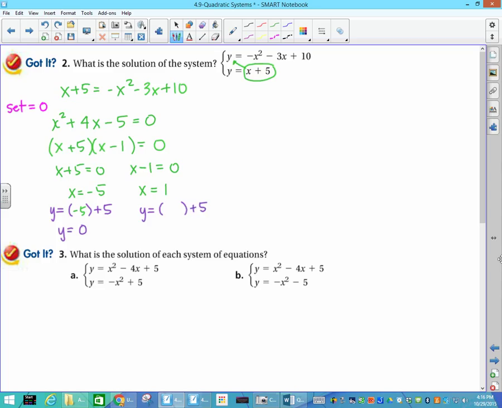And this time, the x value that I got was 1, so the corresponding y value is 6. So when you write your answer, this negative 5 goes with that 0, and this 1 goes with 6. So my answer is going to be negative 5, 0, and 1, 6.